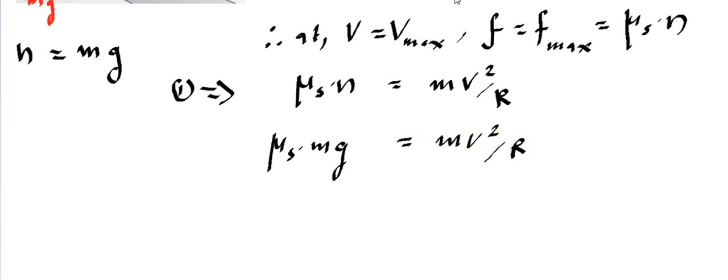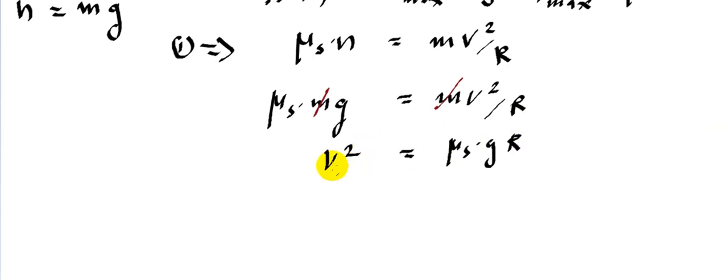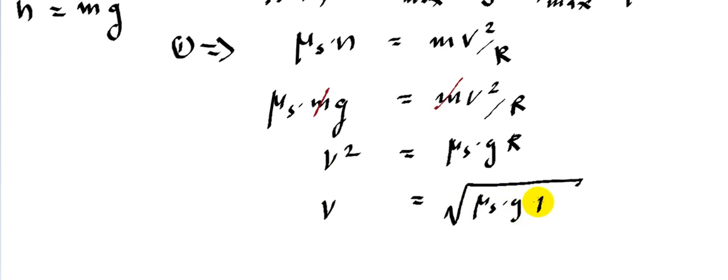You can see here that the m will drop out of the equation, becoming more simplified for the square of the maximum speed. Actually here it would be mu s g times r. This is an interesting result: v max equals the root of mu s g r.